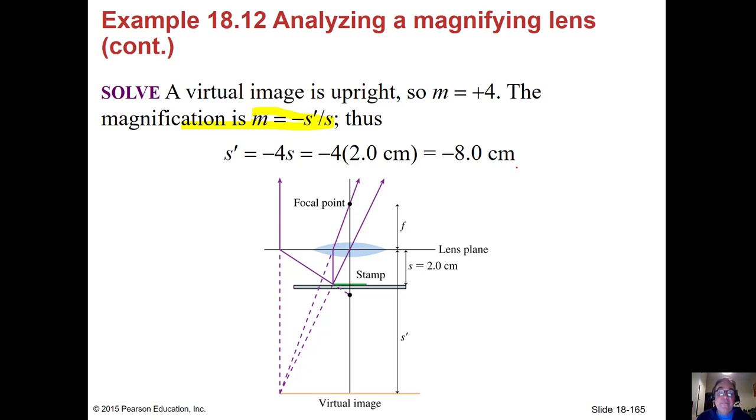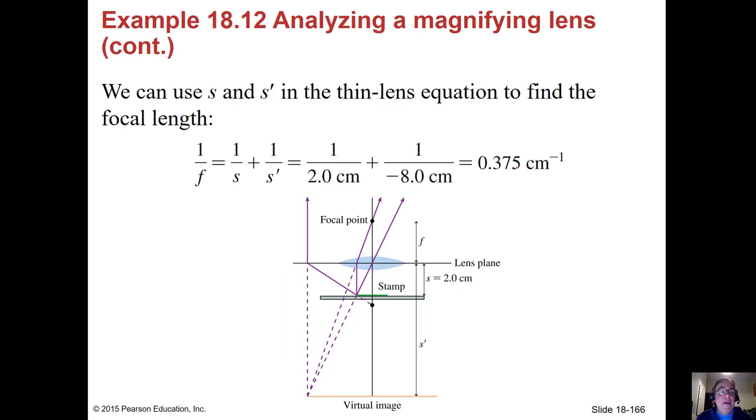Okay, very good. We could use the lensmaker's equation to figure out anything we wanted to. We know S and S prime, so we can figure out the focal length. 1 over f is equal to 1 over S plus 1 over S prime. S was given in the problem, that's the 2 centimeters, and now we know S prime from the magnification equation.